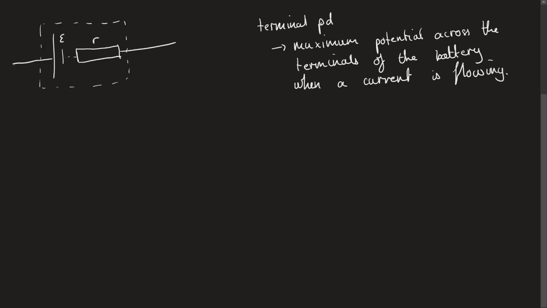So what we do usually is I'm just going to model this as, let's say we have just some resistor here, and let's put a switch here, and let's put an ammeter on the other side.